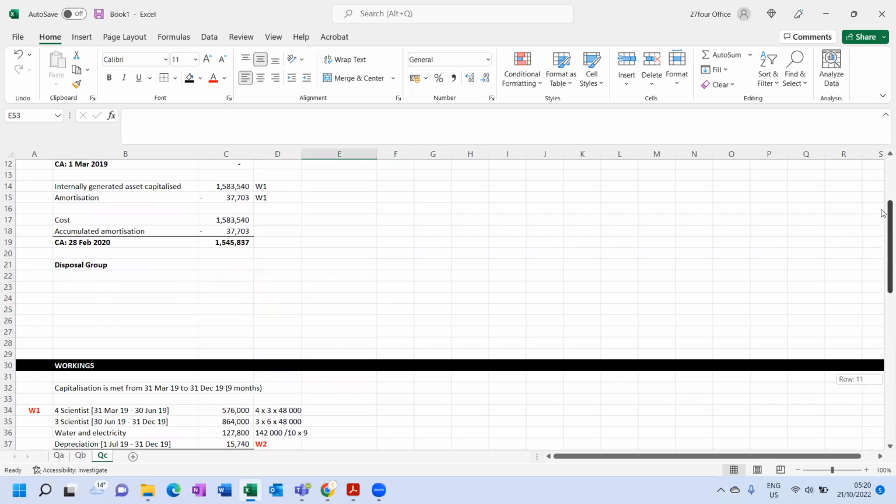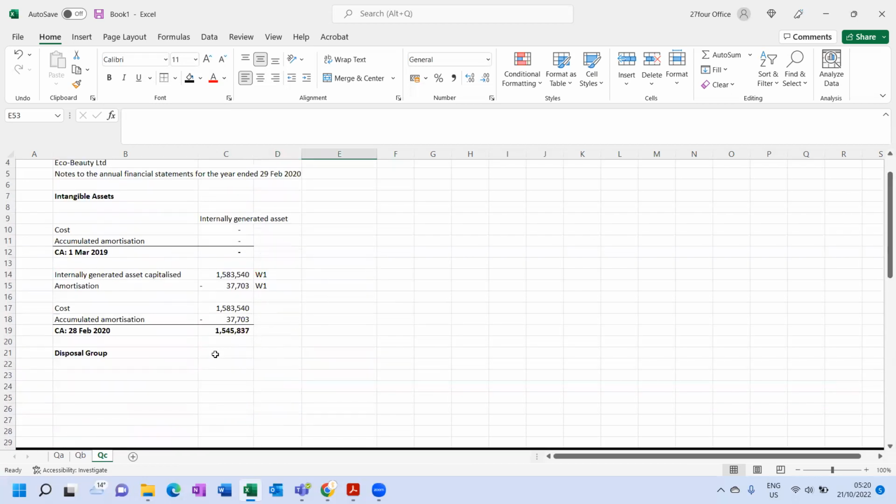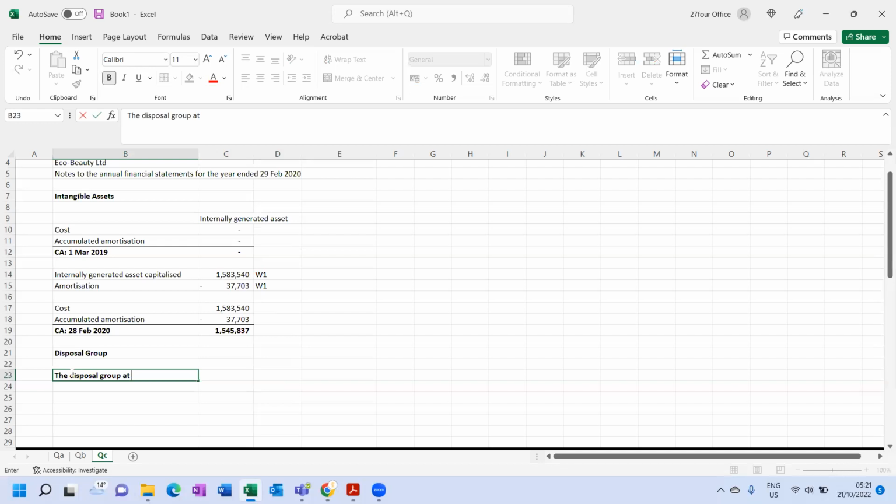We need to disclose the disposal group at 29 Feb 2020. Okay, so we have to list the assets and the amount.